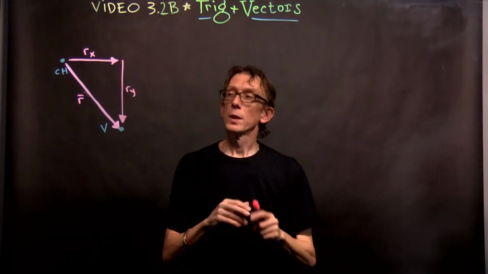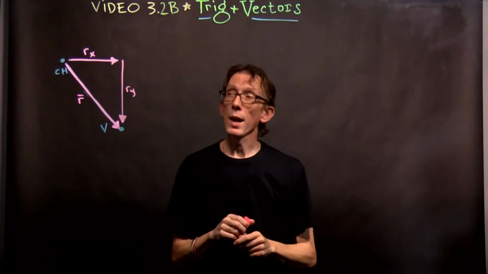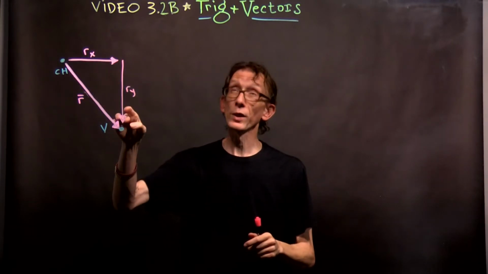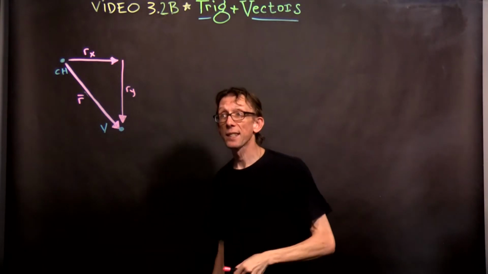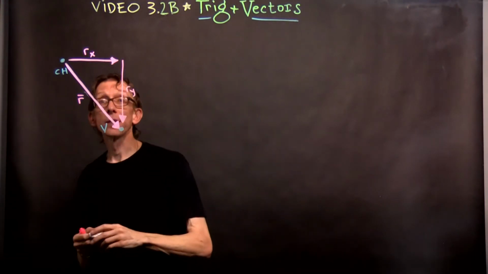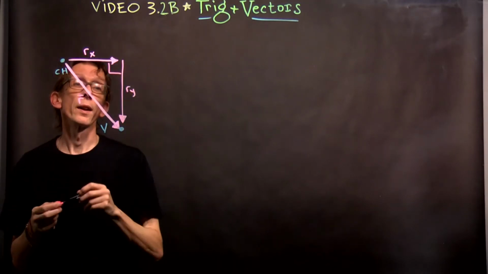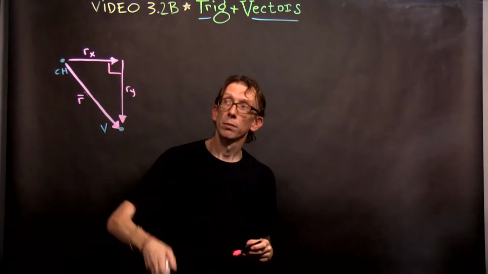Here's the point. We talked about trigonometry last time, and we talked about this particular path that you take walking from the courthouse to Victory in the video before that. But I hope you can look at this and see that there is a triangle here. There's the right angle. R is the hypotenuse.